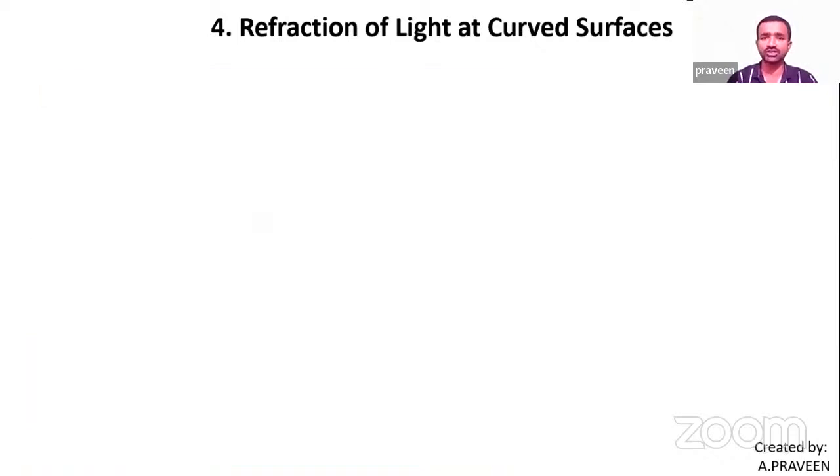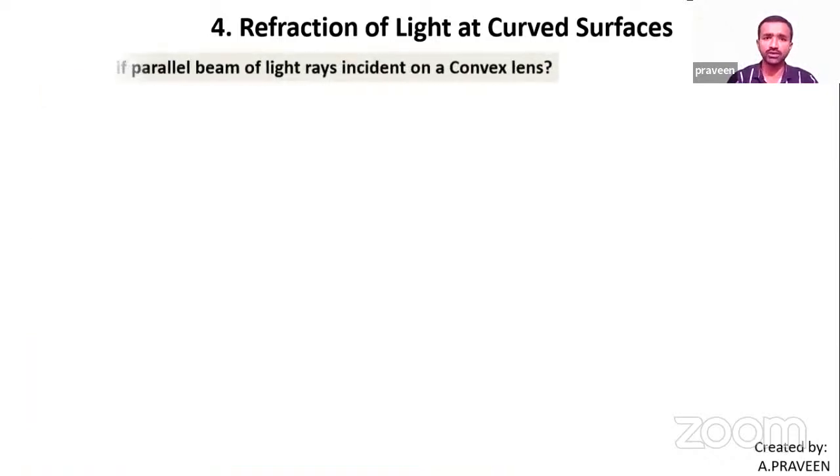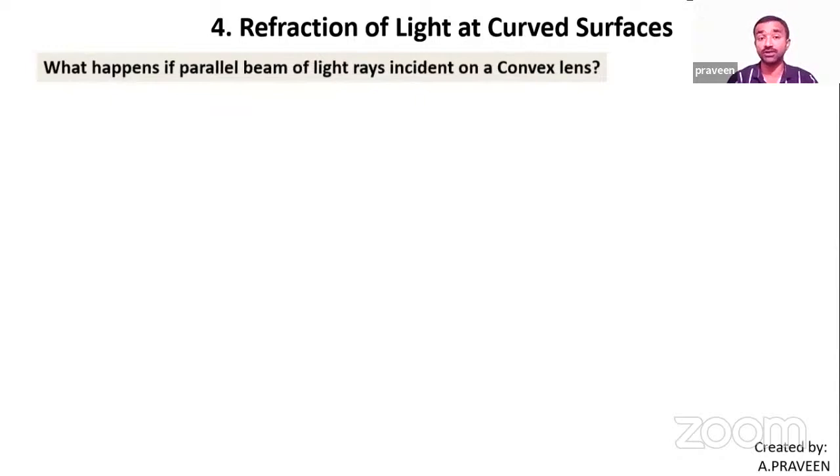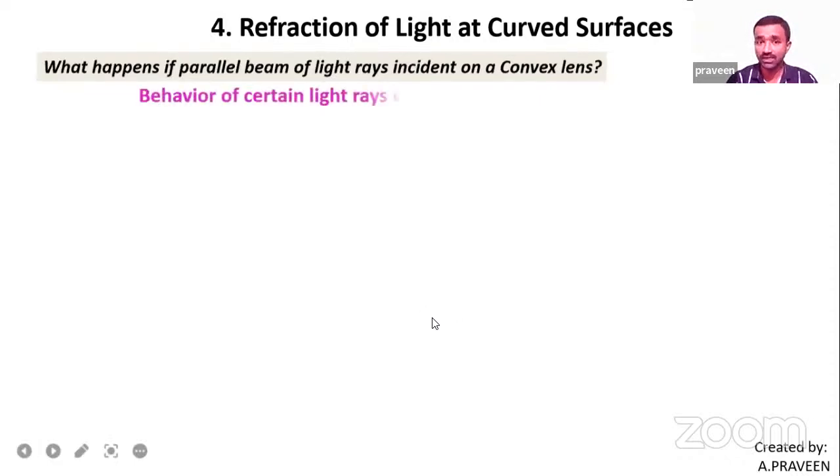In today's class, I'll discuss what happens if a parallel beam of light rays is incident on a lens, that is, the behavior of certain light rays when they are incident on a lens.